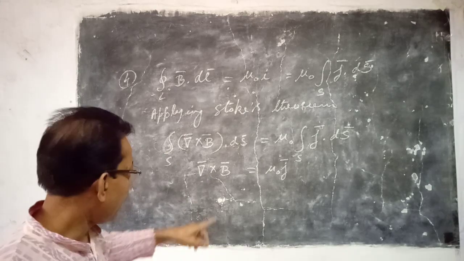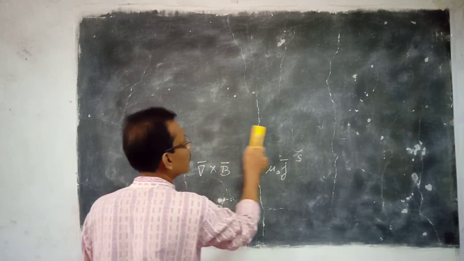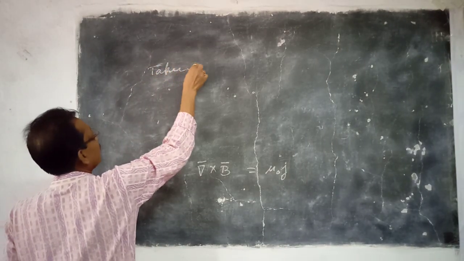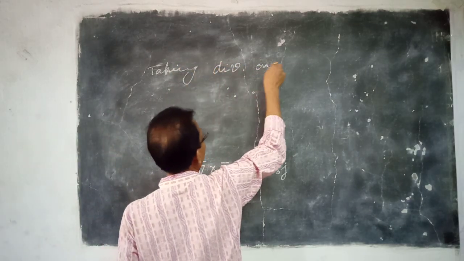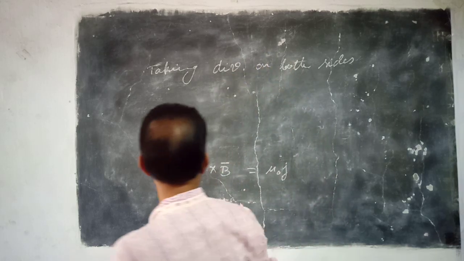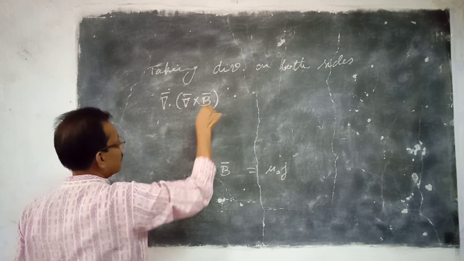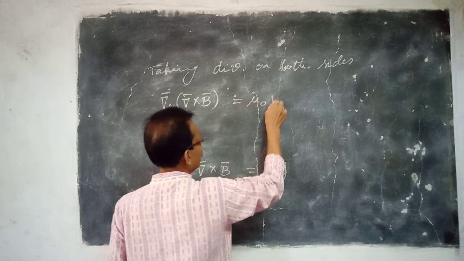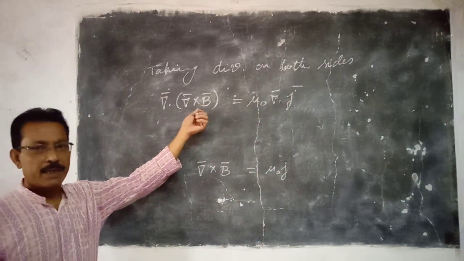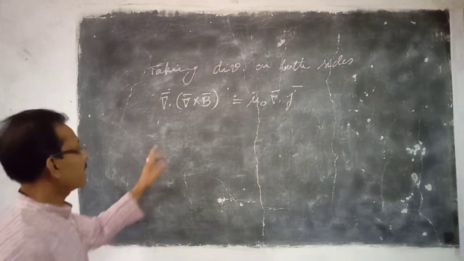Now if we take the divergence on both sides of this equation, this is written as the divergence of the curl of vector B equal to mu 0 times the divergence of J. Now divergence of the curl of any vector is always equal to 0.